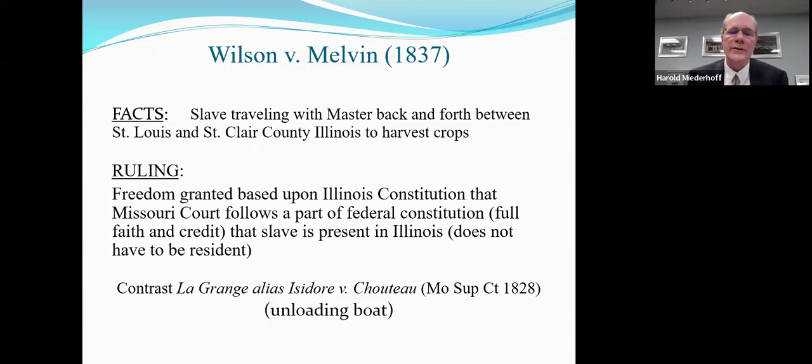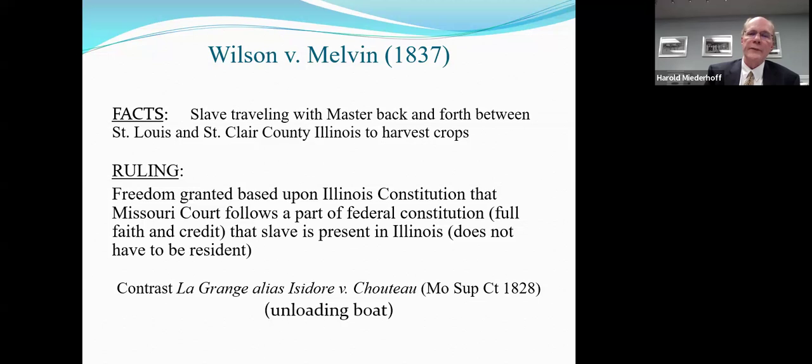In fact, the United States Constitution provides for full faith and credit and privileges and immunities between the states. So basically, each state has to show some respect for the other state's laws. So freedom was granted because the Illinois Constitution basically told the Missouri court that you have to give full faith and credit to our laws in Illinois.